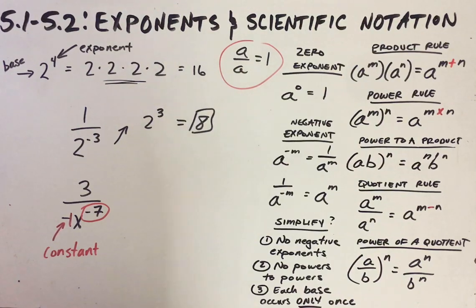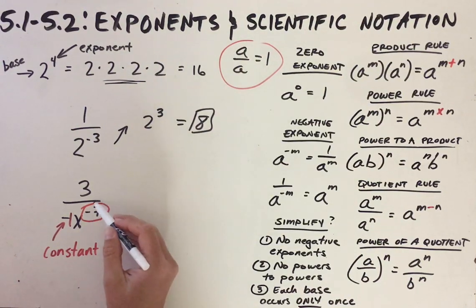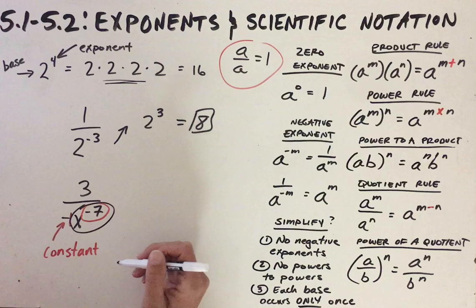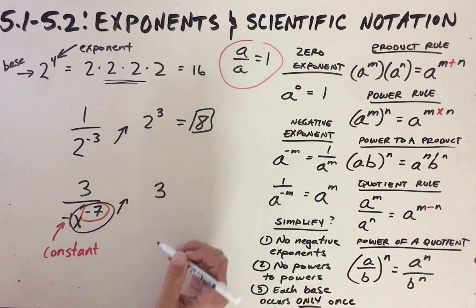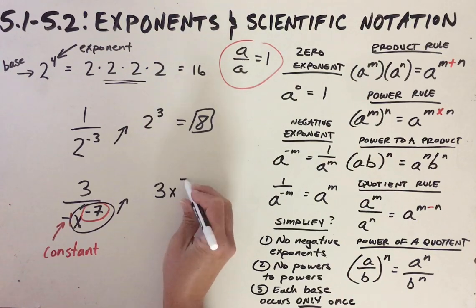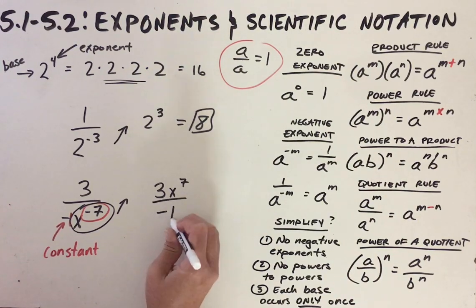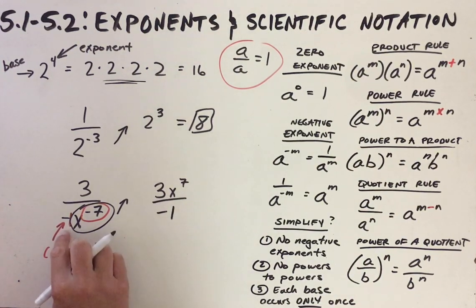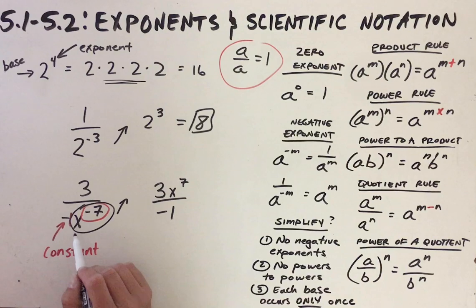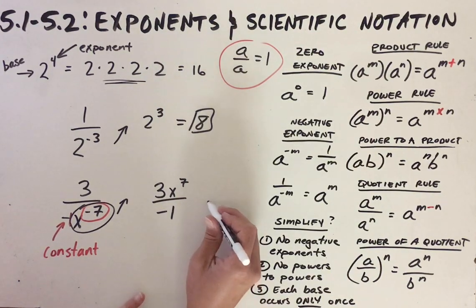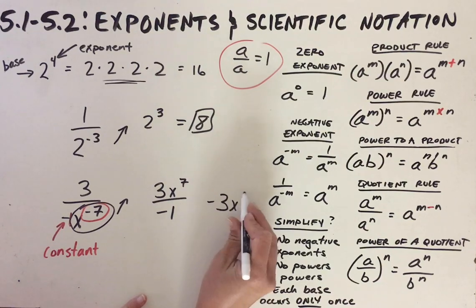If I want this to be positive, then I'm going to take its base and the exponent and put it upstairs. So there's already a 3 up there. Now there's going to be x to the 7th up there. But that's all being divided by negative 1, because this negative 1 is still here. By putting the x to the 7th upstairs, we did not make that positive. We made only the exponent positive. So what this really is, is negative 3x to the 7th.